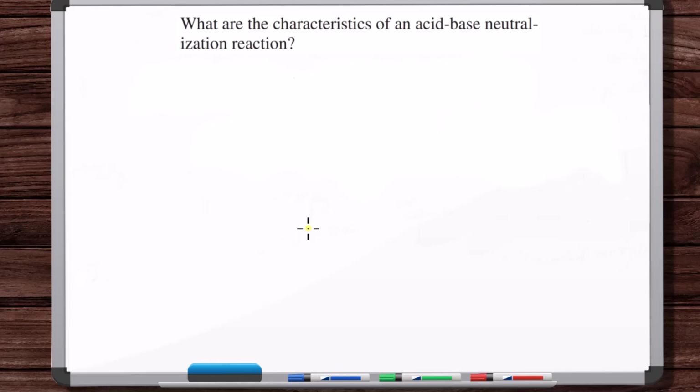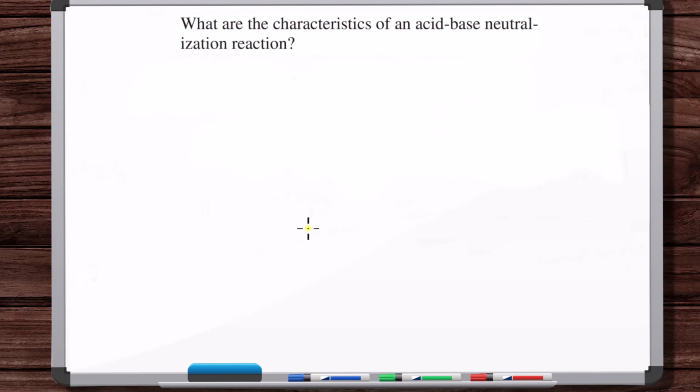And these two ions interact to form an ionic compound. So this ionic compound could just be aqueous, meaning everything just stays dissolved, but you still look at it as an ionic compound. Or perhaps it precipitates out as a solid, but this resulting ionic compound is called a salt.